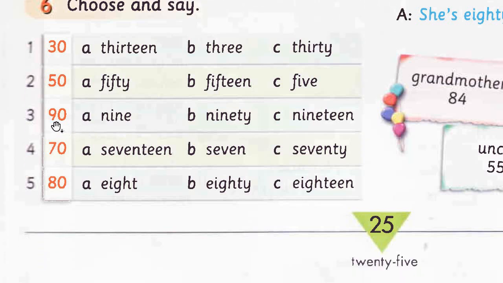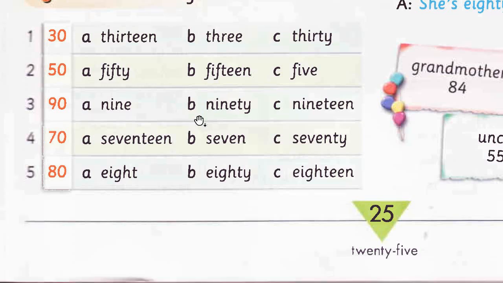How about number 3? What's this number? A, 9. B, 90. Or C, 19. Which one did you choose? Well done. The correct answer is B. That's 90. And number 4. Look at the number here. A, is this number 17, or B, 7, or maybe 70?